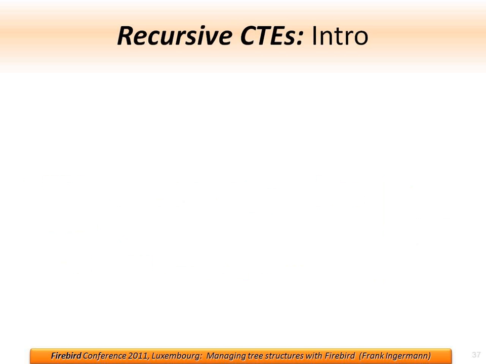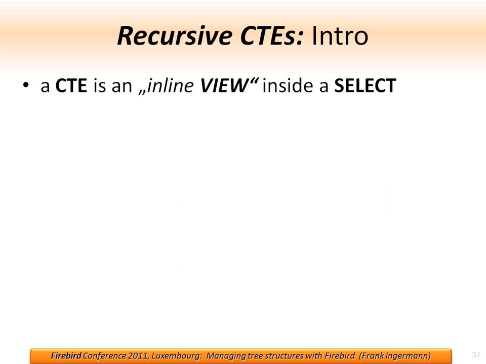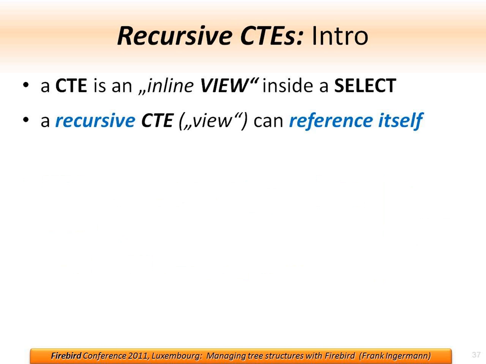Okay, let's look at recursive CTEs. Those are basically just the same as normal CTEs with one exception. The thing about recursive CTEs is that they can iterate on themselves.